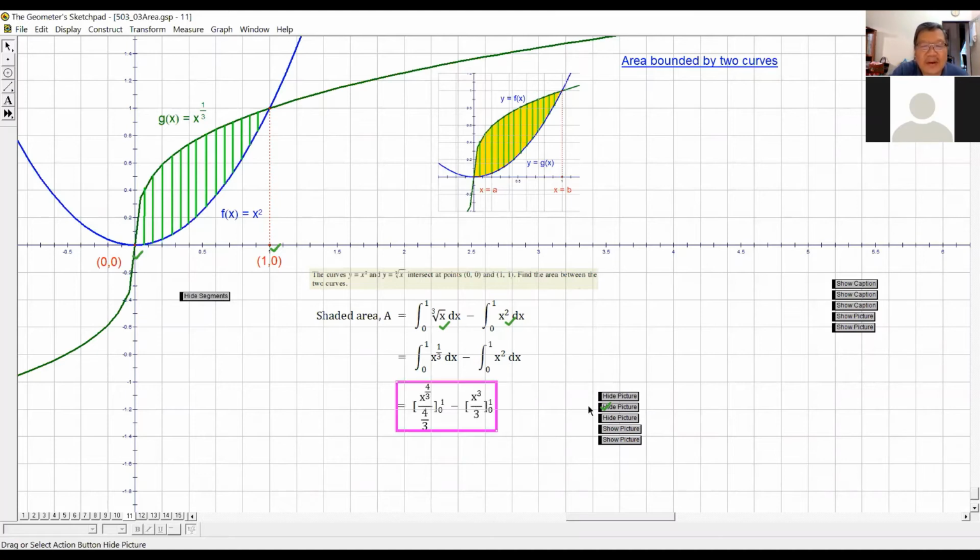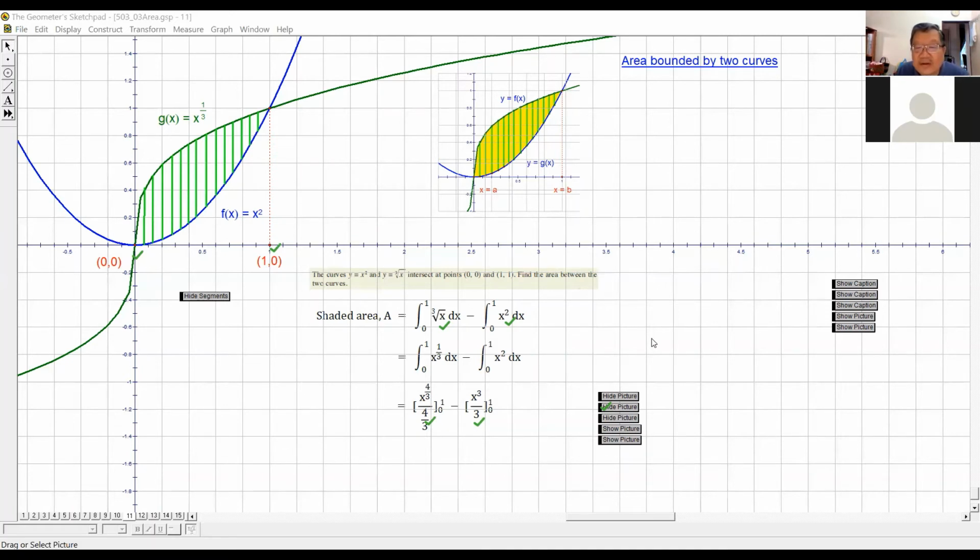To integrate x to the power 1/3, you add 1, which becomes 4/3, and then divide by 4/3. Then minus the second definite integral: x squared becomes x cubed divided by 3.